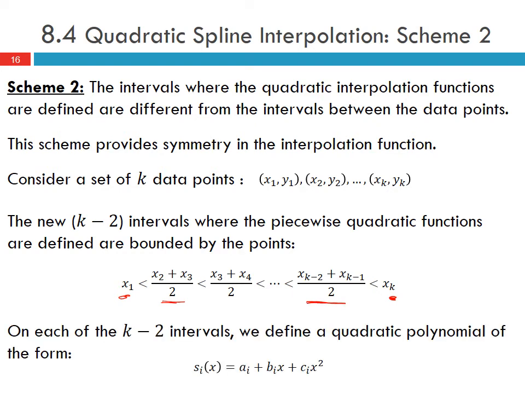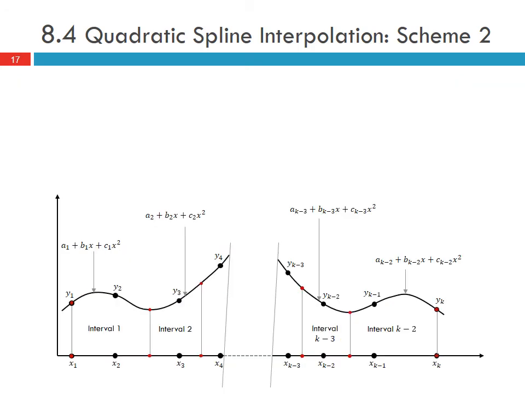And on each of these k minus 2 intervals, we define a quadratic polynomial of the form si is equal to ai plus bi x plus ci x squared. So this can be seen graphically here. So we still have our same data points, y1, y2, x2, y3, x3, but our intervals are defined differently.